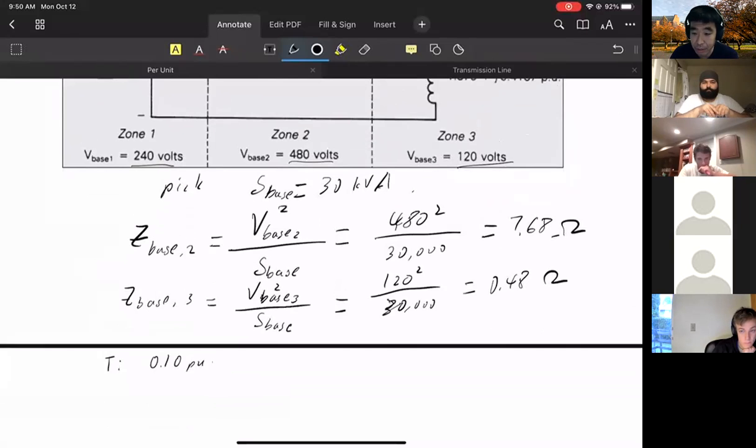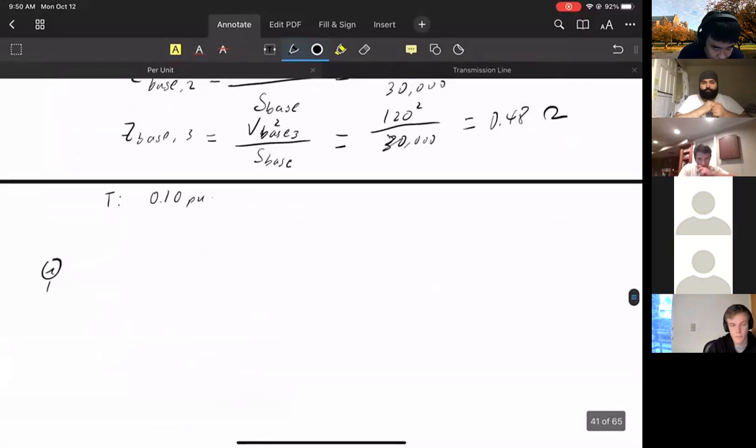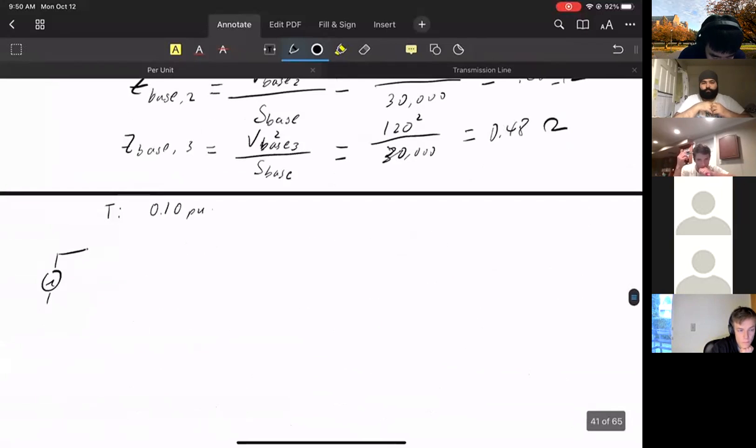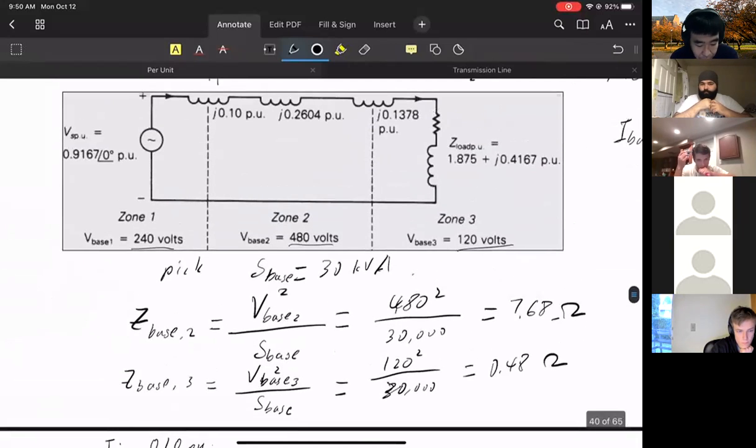So does this value change when I draw my new circuit? My new circuit still has a generator, still has this voltage generator at this side. Now my first impedance is here. If you look at the old diagram, it has a value of 0.1 per unit. So when I do all this base conversion, does this value change? Why not?